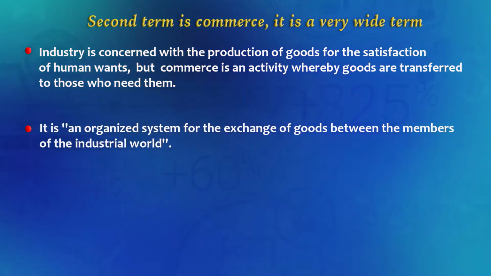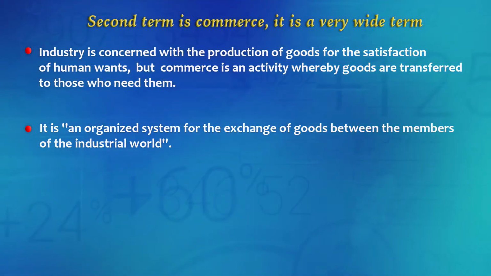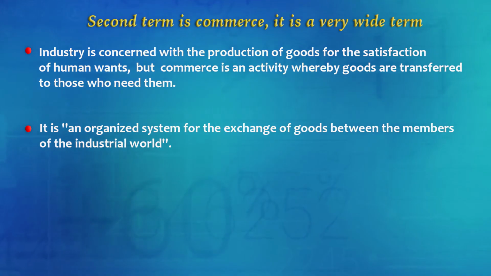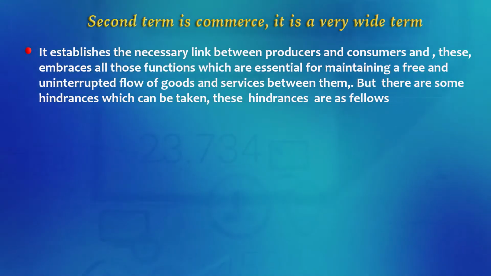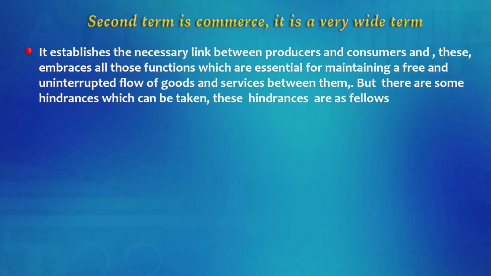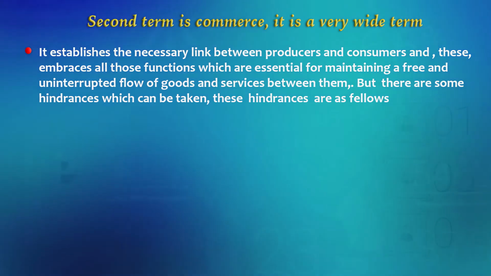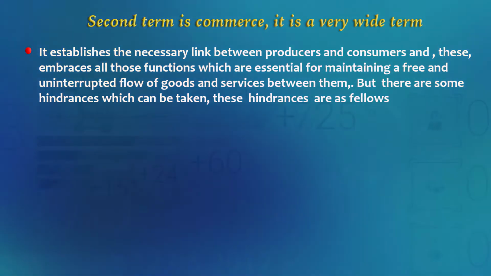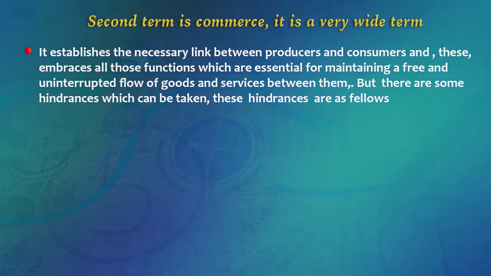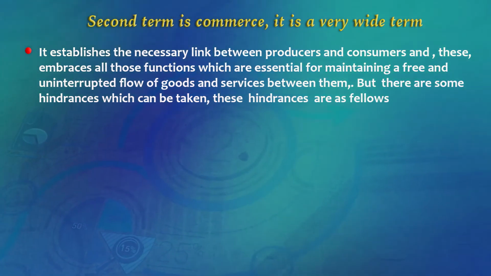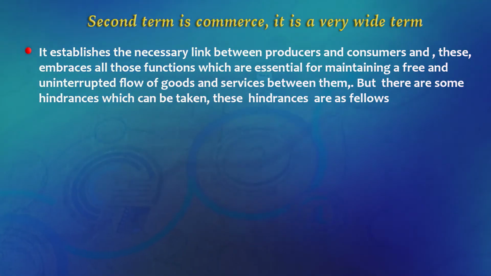It is an organized system for the exchange of goods between the members of the industrial world. It establishes the necessary link between producers and consumers, and thus embraces all those functions which are essential for maintaining a free and uninterrupted flow of goods and services between them.